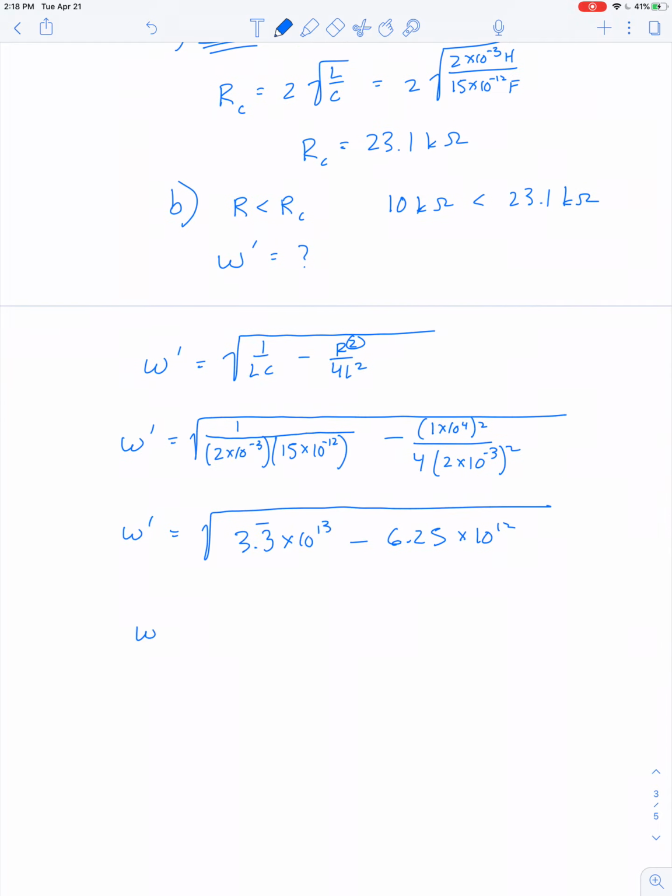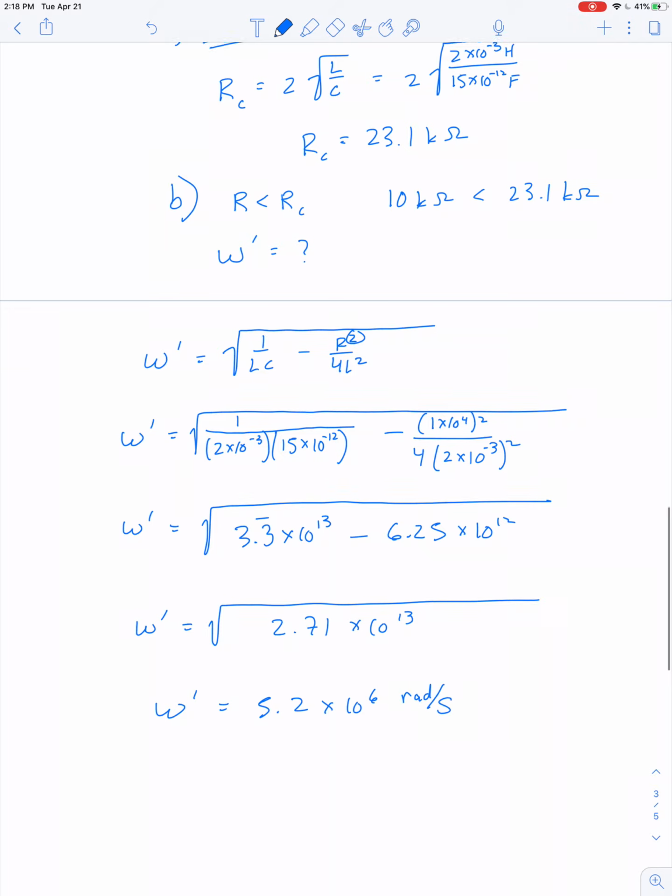So let's find the difference between those. And we get the square root of 2.71 times 10 to the 13th. So omega prime is equal to about 5.2 times 10 to the 6th. And the units have to be radians per second.